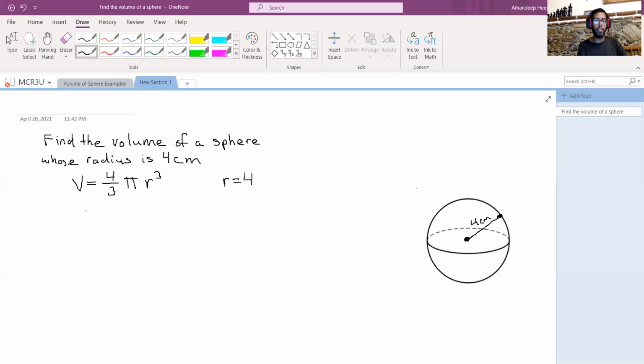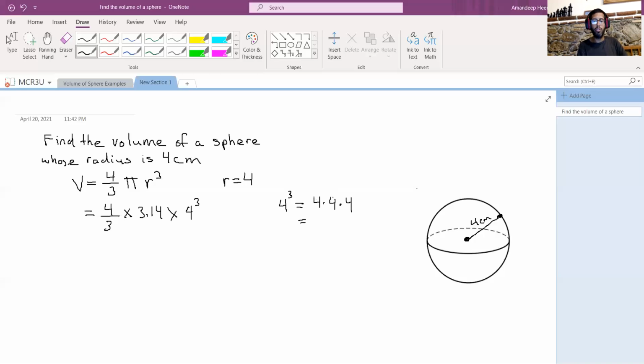So let me explain what that means. You replace pi with 3.14, so 4 over 3 times 3.14 times, and we replace r with 4, so that's 4 to the power of 3. Now, what is 4 to the power of 3? It's 4 times 4 times 4.